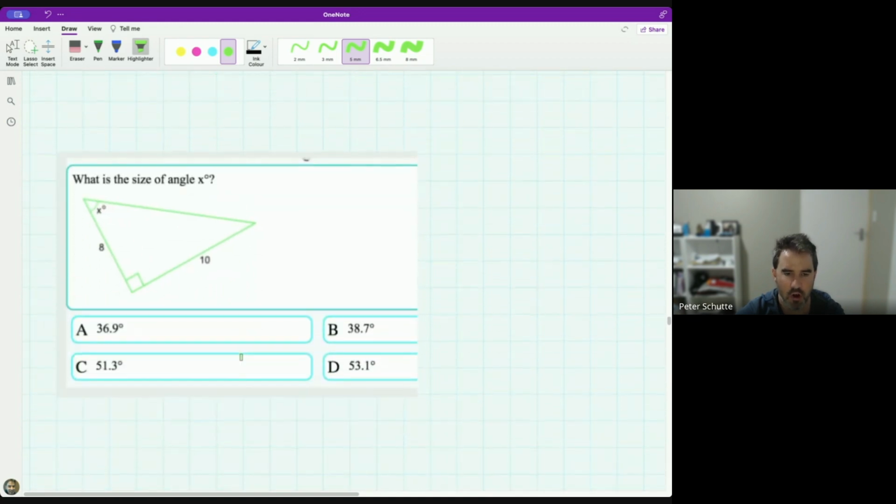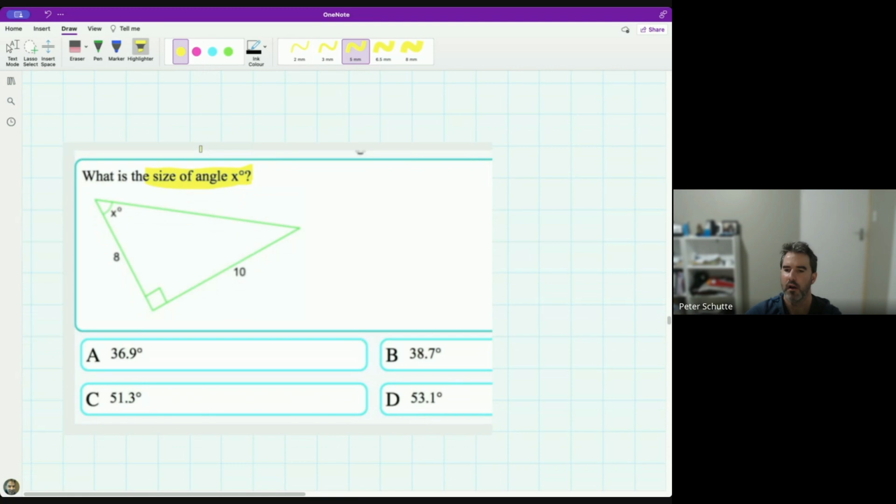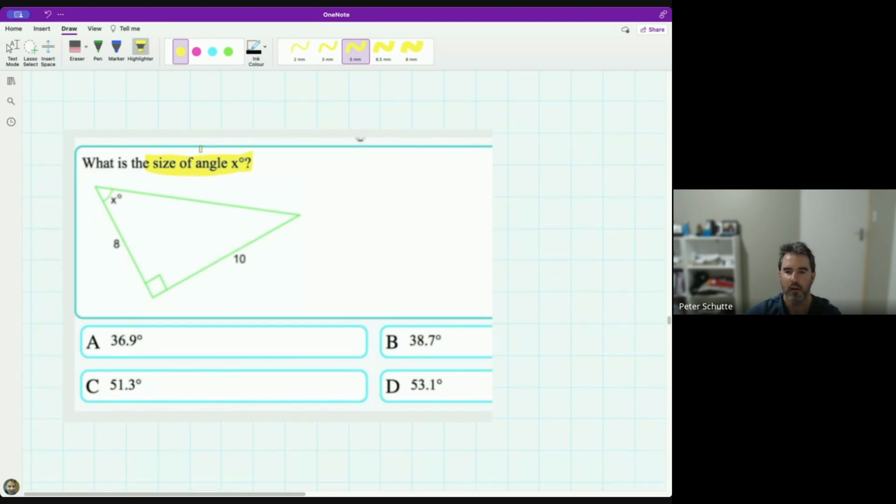Find me the answer for this one where you're trying to find the angle X. Find the size of the angle X. Okay, so let me identify who's who in the zoo.